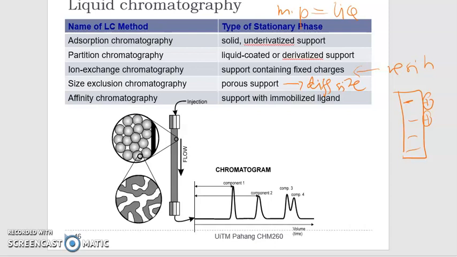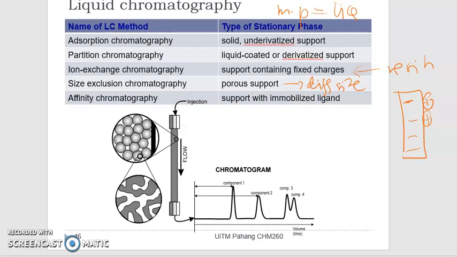So dia macam kita filter lah. Kita filter and then dia kan ada lubang-lubang, so the pores will have different size. So the one yang according to the size lah. Kalau smaller size dia akan jatuh bawah. Kalau besar it will be eluted first. Dia akan retain dekat atas. But kalau the size is similar with the porous support, so dia akan masuk elok dekat the pores there.